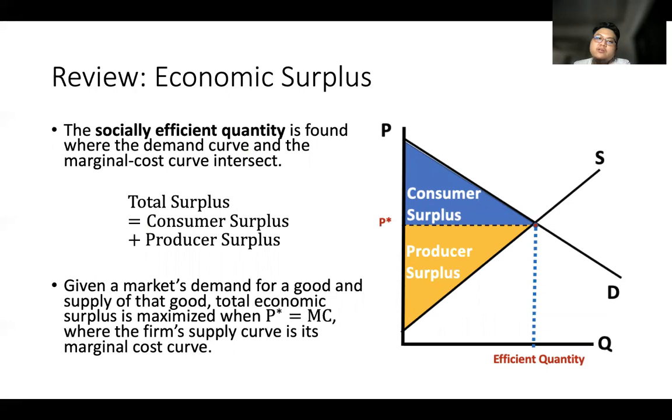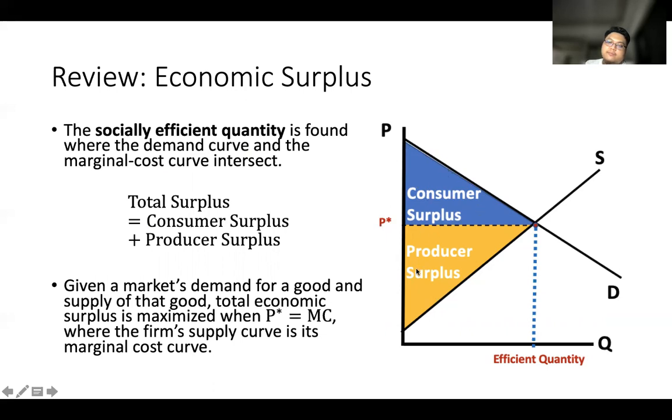Remember, the socially efficient, Pareto efficient quantity is where the demand curve intersects the supply curve, where price equals MC, and that maximizes this triangle.